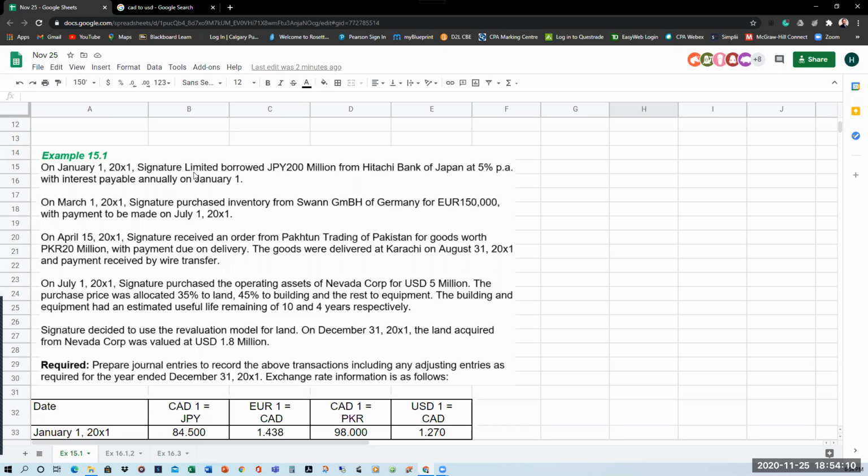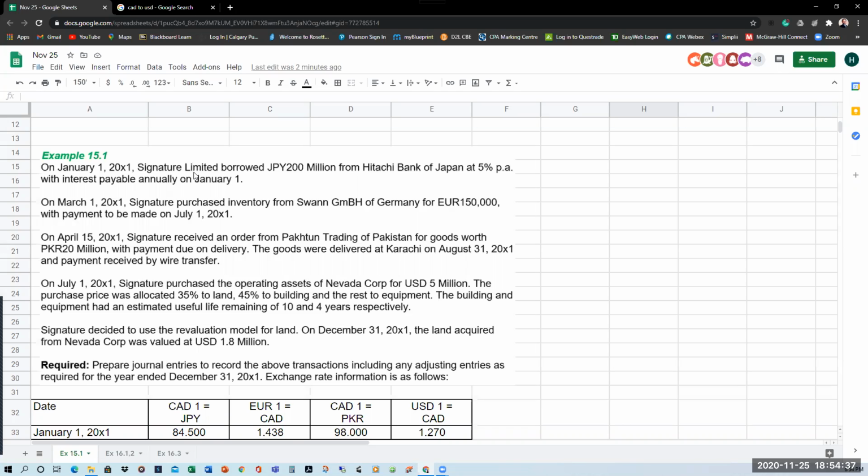And of course, you don't need to pull out your calculators, or maybe you do. 200 million, 5%. You can do the calculation, gives you 10 million yen. That's how much you will need to pay for interest on Jan 1st, 2002. So you're not actually paying the amount on December 31st, 2001, but you must accrue for the interest.